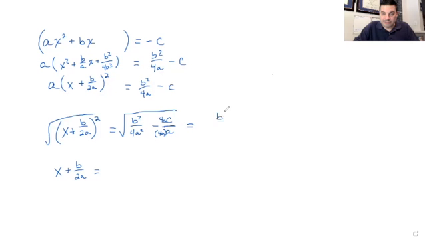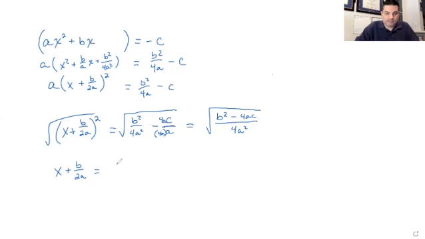I'm going to have b squared minus 4ac over, they're each individually over the same denominator, so when I combine them, they're going to be both over 4a squared, and that's all under the radical.